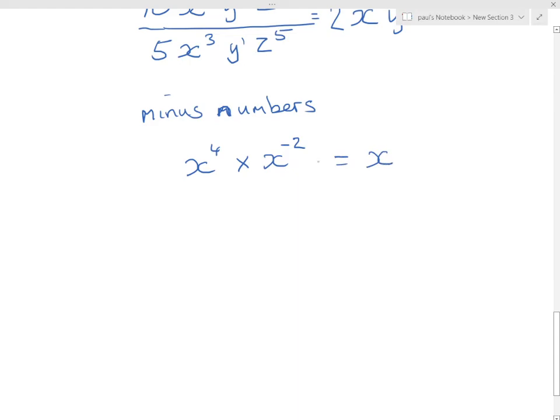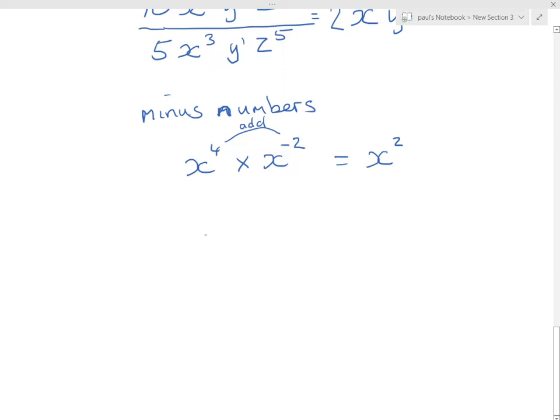It's going to be x to the something. Even though we're adding them together, it's just 4 and minus 2. So 4 take away 2 is 2. So when you add, we're still adding, but it comes out as 4 take away 2.